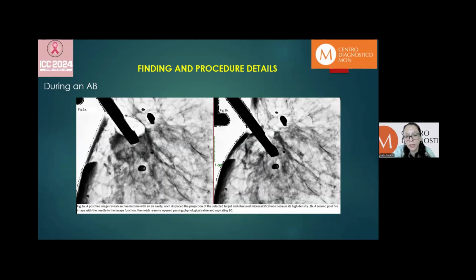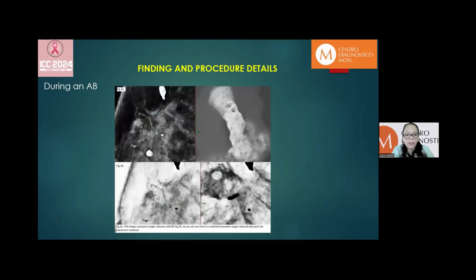Microcalcifications are unobscured because of the blood clots density. A second post-fire image with the needle in the lavage function, notch remains open, passing physiological saline and aspirating the blood clots. In this picture, we are comparing the target selecting and the breast tissue.